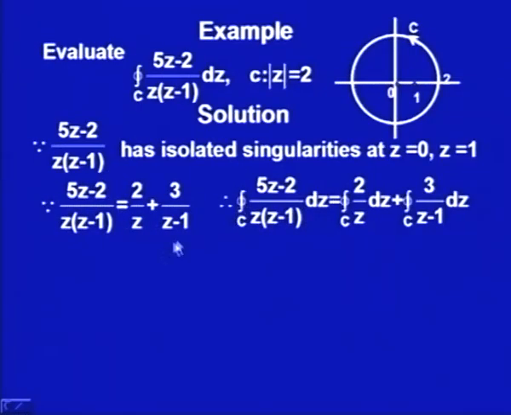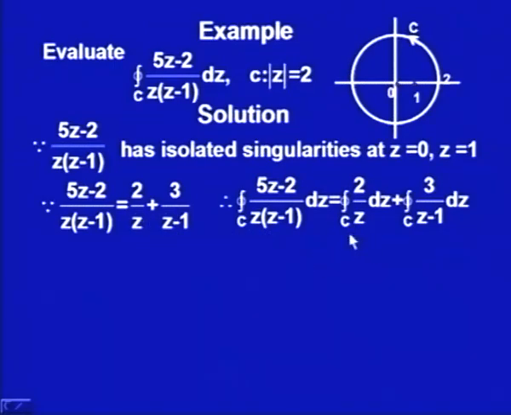Or rather, first, this question is coming where rather than using it as one integral, we are using it as two integrals. So, I can use the partial fraction. (5z minus 2) upon z into (z minus 1) we could write as 2 upon z plus 3 upon z minus 1. So, the integral along this contour C of (5z minus 2) upon z into (z minus 1) dz we could write as a sum, because this is a sum of two functions.